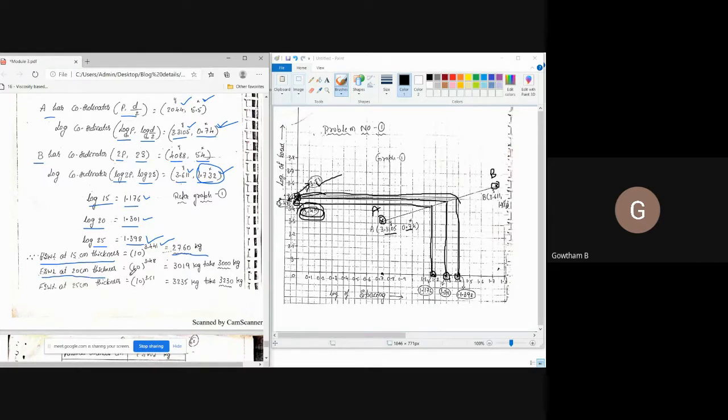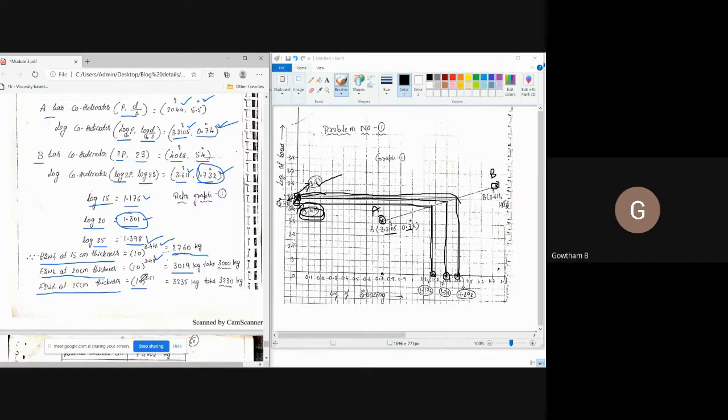At 20 centimeter it is 10 to the power of 3.48, which in kg is 3019 kg. And ESWL at 25 centimeter thickness is given by 10 to the power of 3.51.